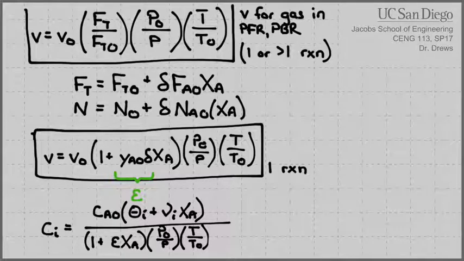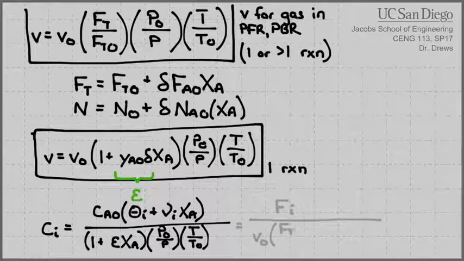If you have more than one reaction, you're kind of stuck calculating the molar flow rate of each species and dividing it by that V term up there. So I'll put that next to it. If you have multiple reactions, then you would do the molar flow rates divided by V0 times all that junk.